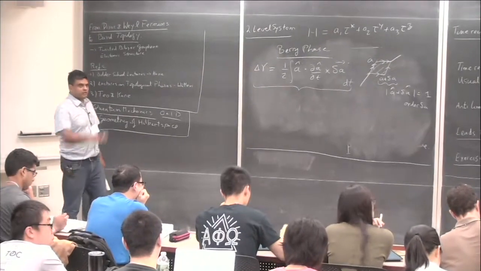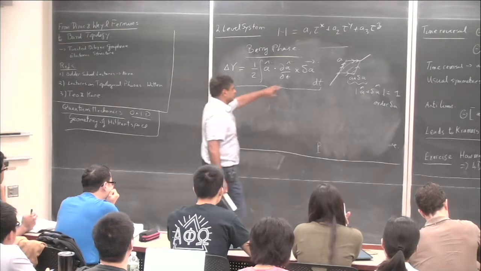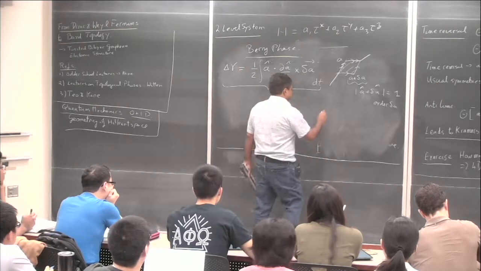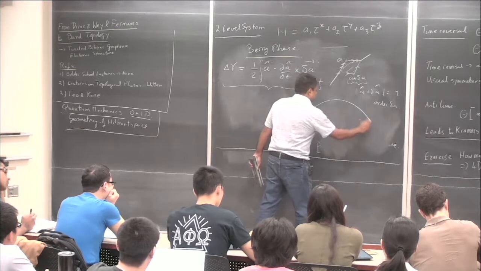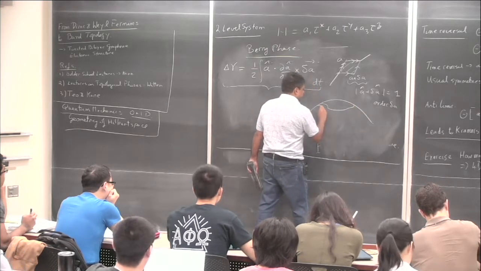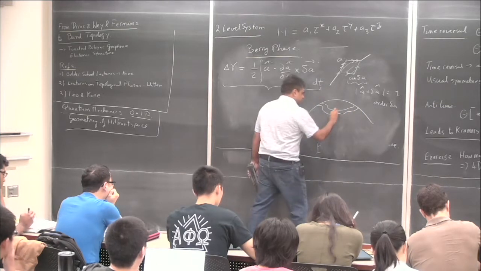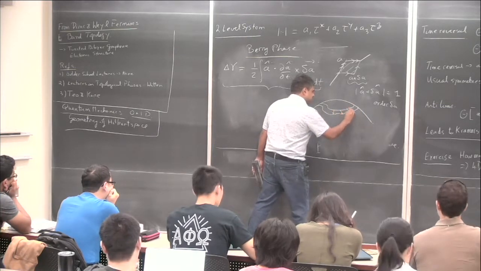What's the physical meaning of delta A again? Of delta A? Yeah. So imagine you have two paths. You have one path that looks like this, let's say. Then you have another path very close to it, looks like that. So I can look at the difference between these two paths.